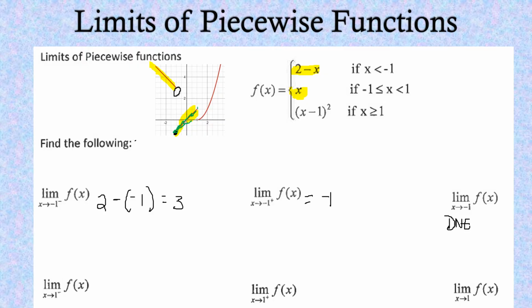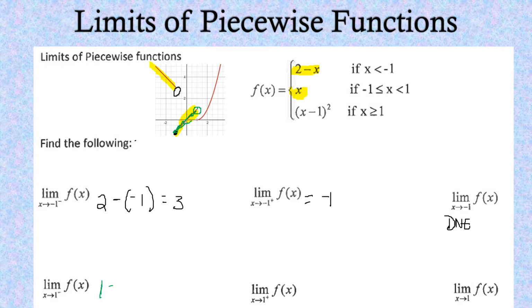And I see that even though there's an open circle there, it doesn't exist, that value is still 1. And again, what I did was I evaluated this using this middle piece.